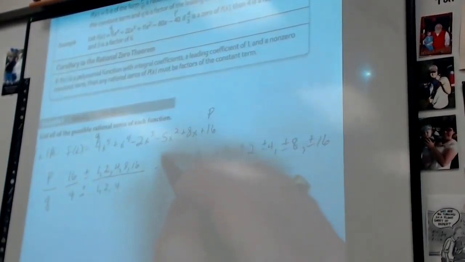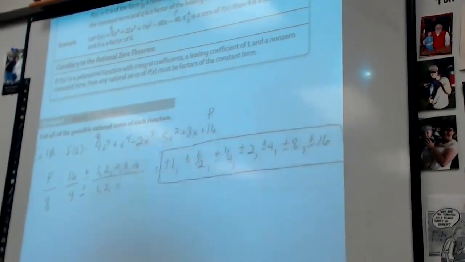So our possible rational zeros are these.